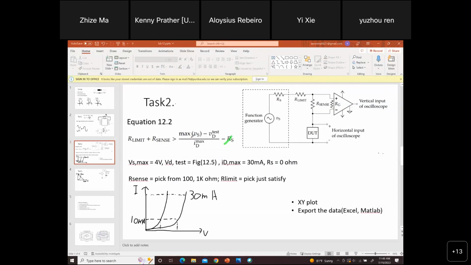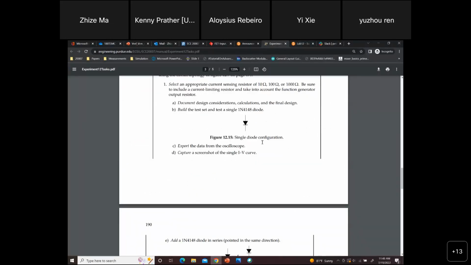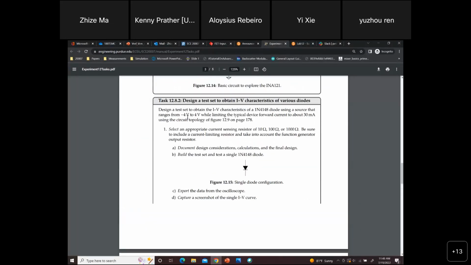And VS maximum, that's the maximum of the source voltage. If you check the experiment, it's also already given. The VS range is from -4 to forward, which means the maximum is forward.